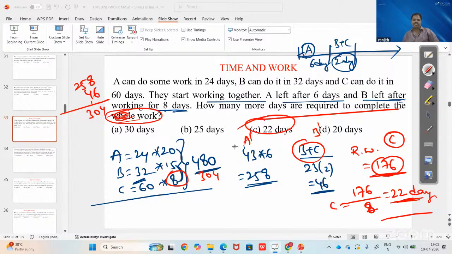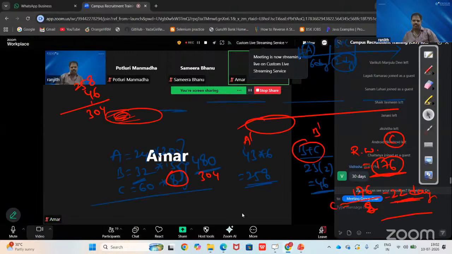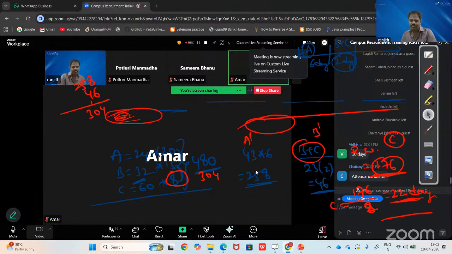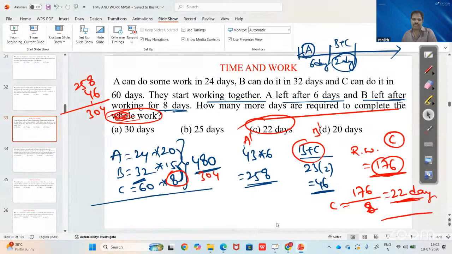Answer is 22. So total work in the sense 22 plus 8 equal to 30 days.